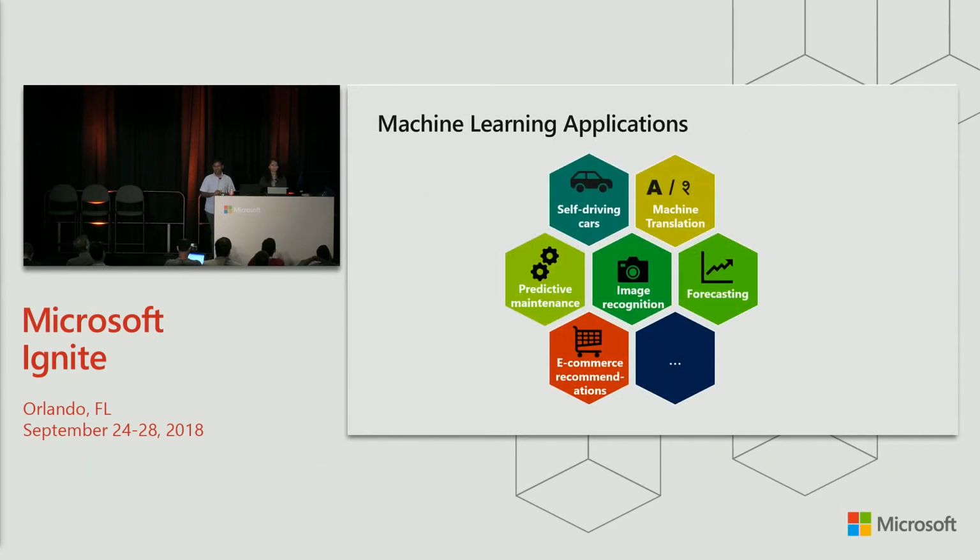Let's start with machine learning and why machine learning, right? Machine learning has a wide range of applications, from predictive maintenance. If you're working for a manufacturing company, you know if a machine goes down, your whole assembly line gets shut down. That is a huge loss of money for your company.